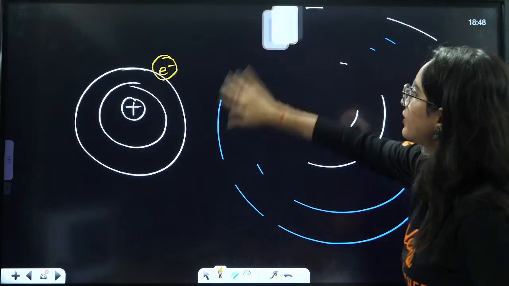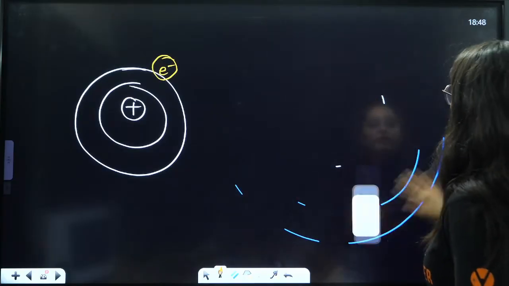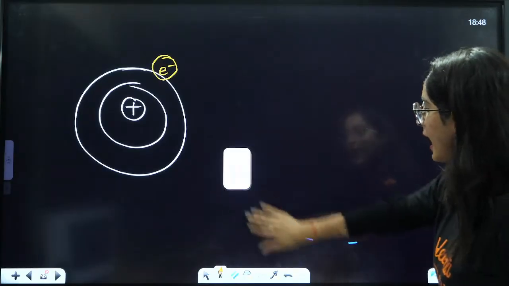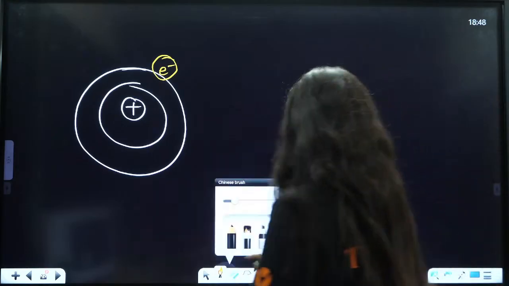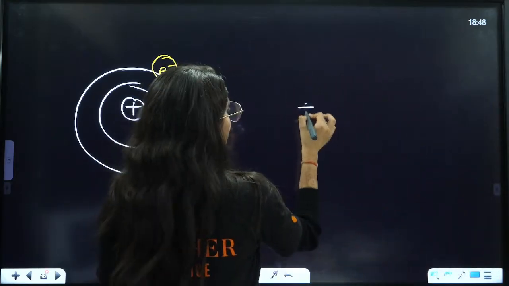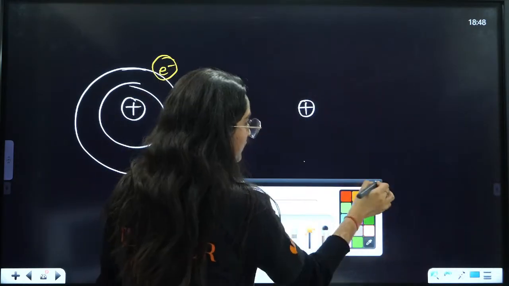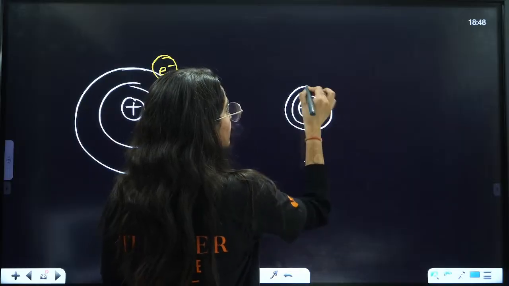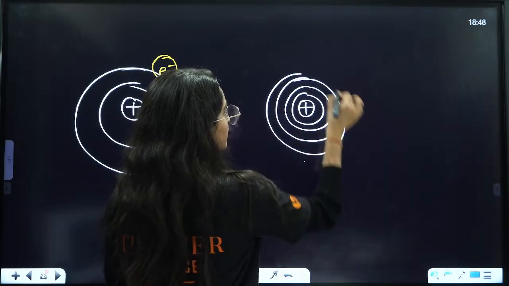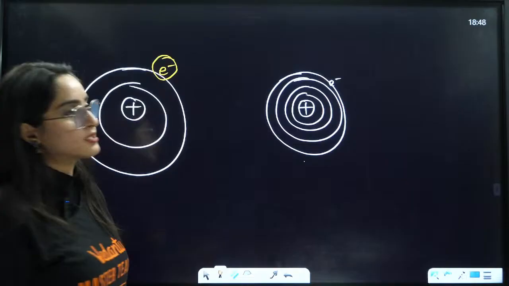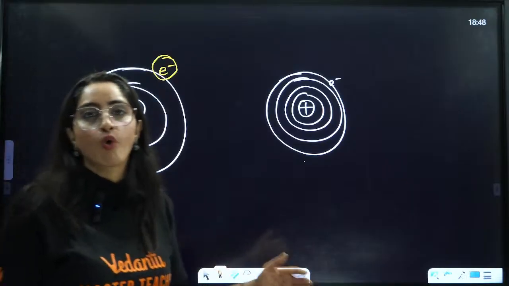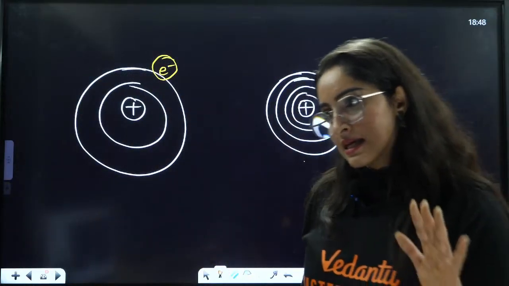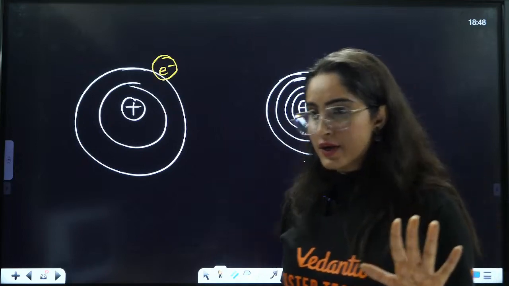And in reality, what happened? Even though it had more shells here, the size decreased, right? This is what happened in this case. Is this clear to everybody?